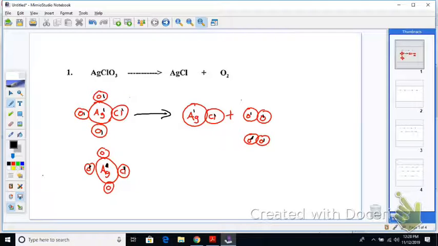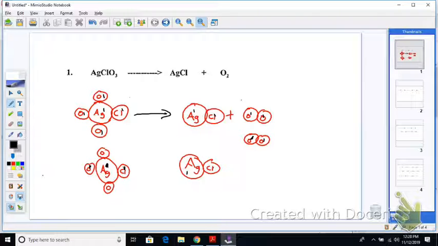So we're just going to go ahead and draw another AgCl over there. I probably don't need to put that extra arrow. I'm not going to do that because I think that's going to be confusing. You'll think that's a separate one. So we're going to draw another Ag here, and a Cl here. So then that takes care of the AgCl.